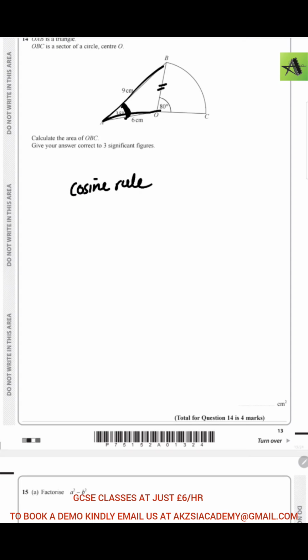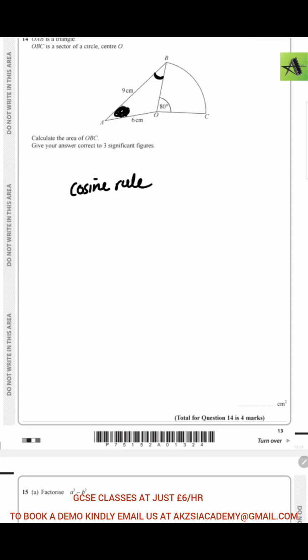That's important. Because if two sides and a non-included angle are given, then we don't go for cosine. In that case, we first apply sine rule. Suppose this angle is not given, and this angle is given. This angle is not included. Included means the angle is between the two sides which are given.